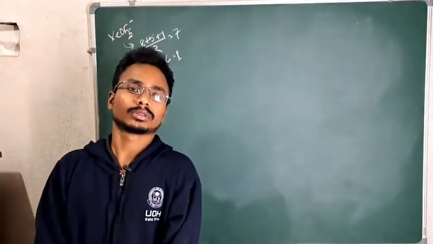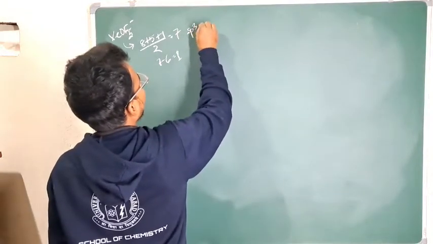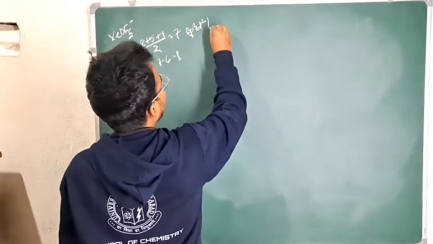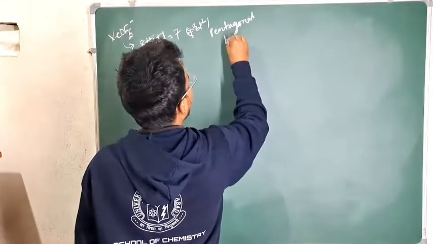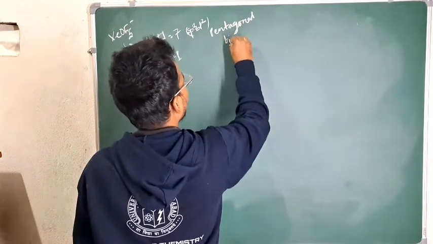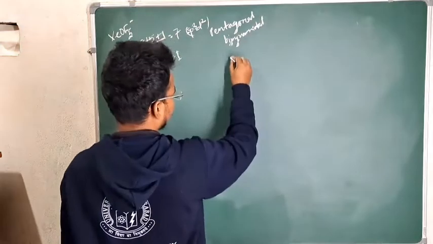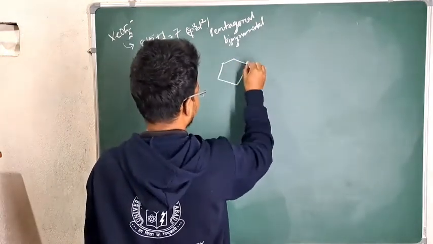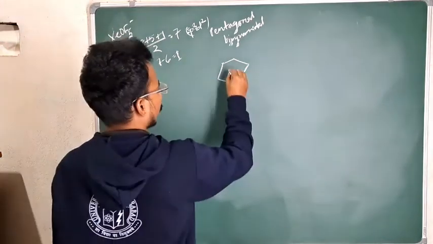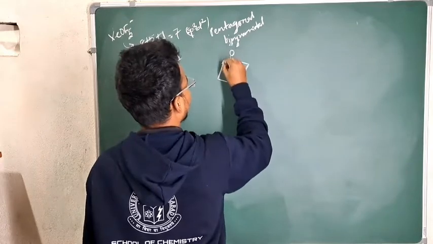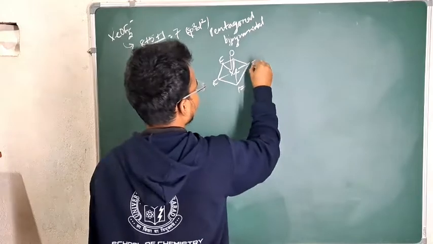Pentagonal monopyramidal. So we are getting 7, means it should be sp3d3, that is pentagonal bipyramidal, but one lone pair is there, so it will be like monopyramidal.